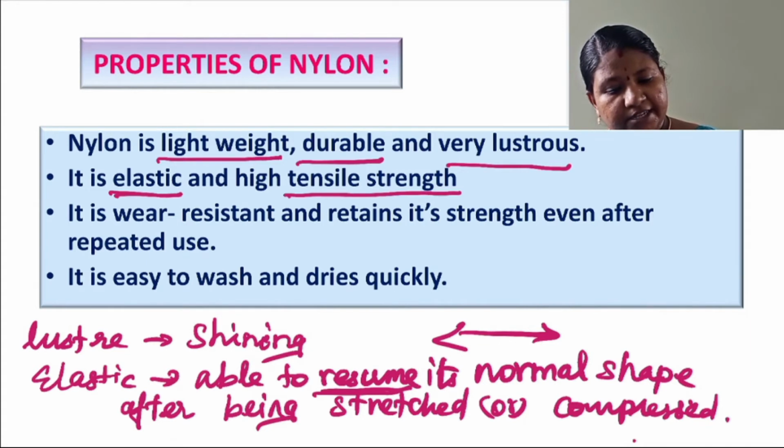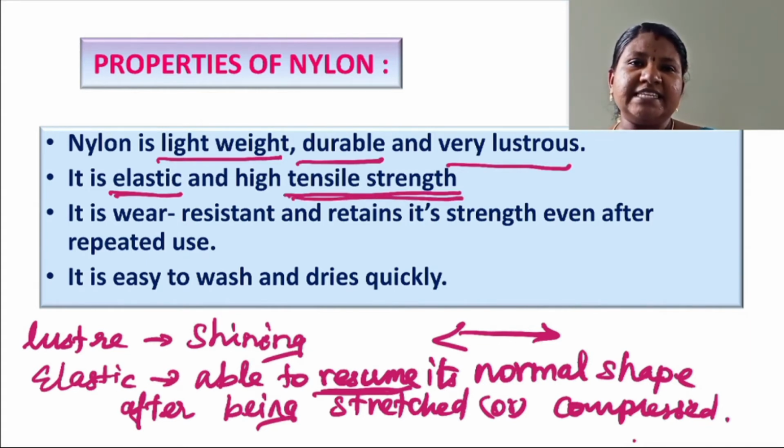And then tensile strength. What do you mean by tensile strength? When we stretch a material, if it breaks, then we can say it has less tensile strength. But nylon has high tensile strength. So even when we stretch it a long distance, it will not break. Okay. So it is elastic and has high tensile strength.